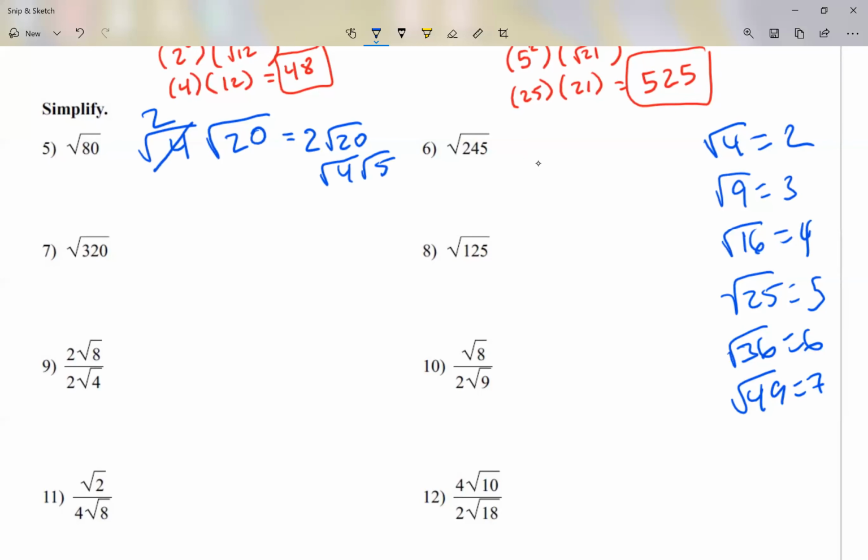Now my 20, I went as 4 times 5, right? Square root of 4 times square root of 5, because the square root of 4 becomes a perfect square, which is 2. Now, earlier, when we were squaring, I said whole numbers with whole numbers. So this 2 with this 2 that goes outside, I'm going to multiply it. So my answer will be 4 square root of 5.